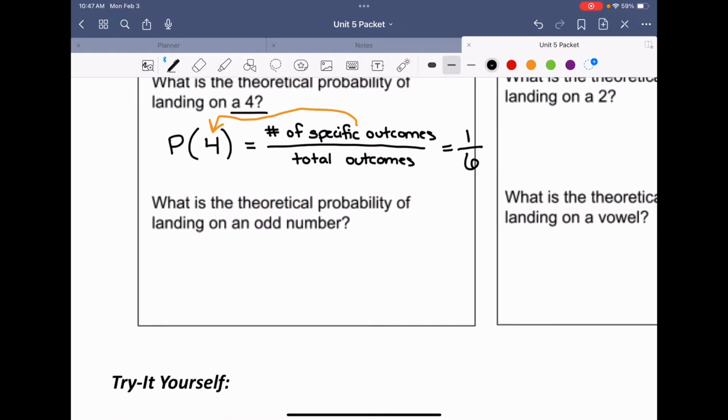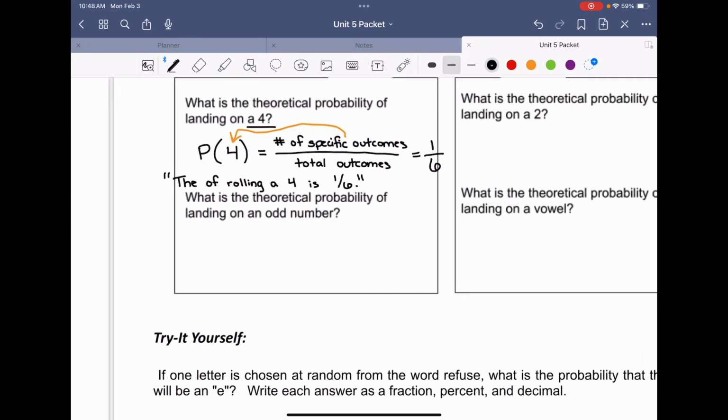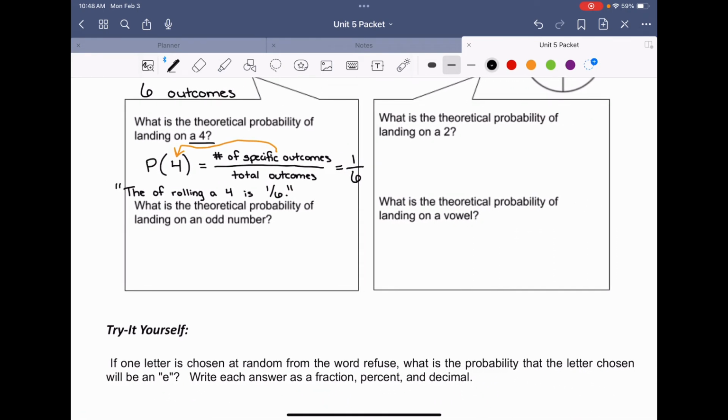The way that I read this is the probability of 4, or of rolling a 4 in this case, is 1/6. That's how I would read it. Okay, so it says, what is the theoretical probability of landing on an odd number?